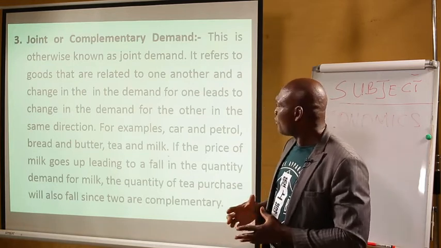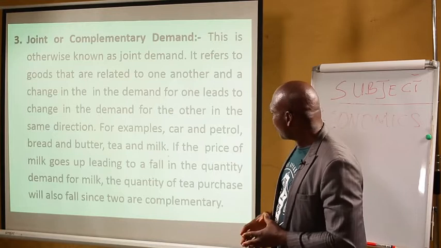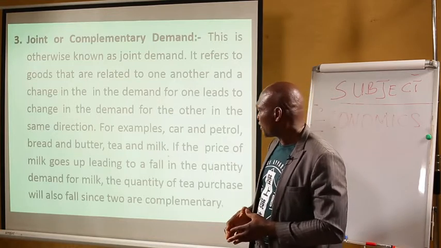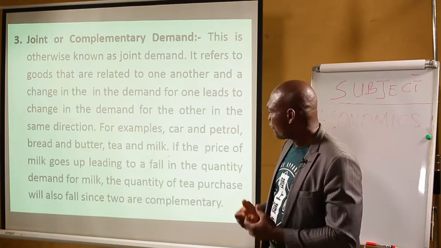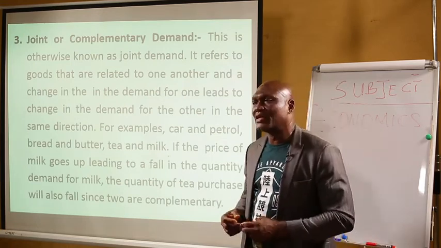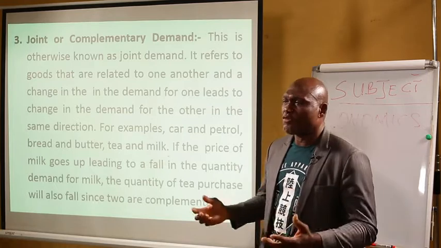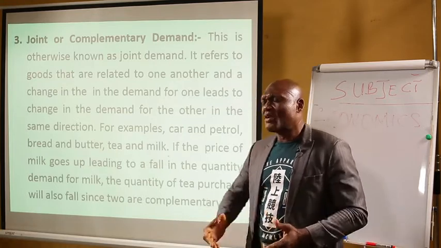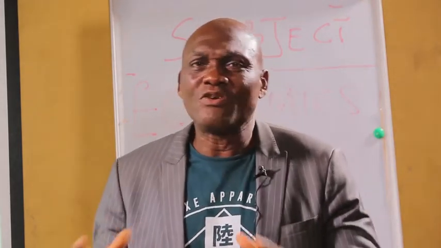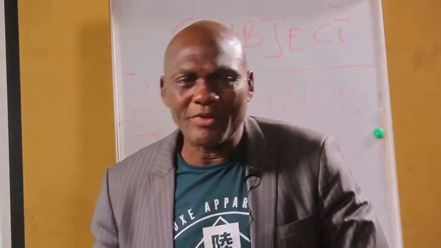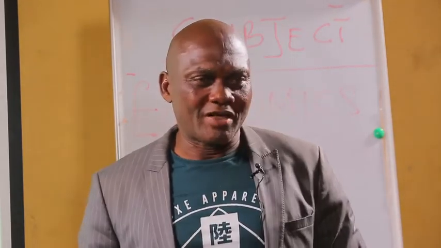If the price of milk goes up, leading to a fall in the quantity demanded for milk, the quantity of tea purchased will also fall, since the two of them are complementary demand. What are we saying here? Since milk and tea are used together, if I want to take tea, you go and buy milk for me, go and buy tea for me.